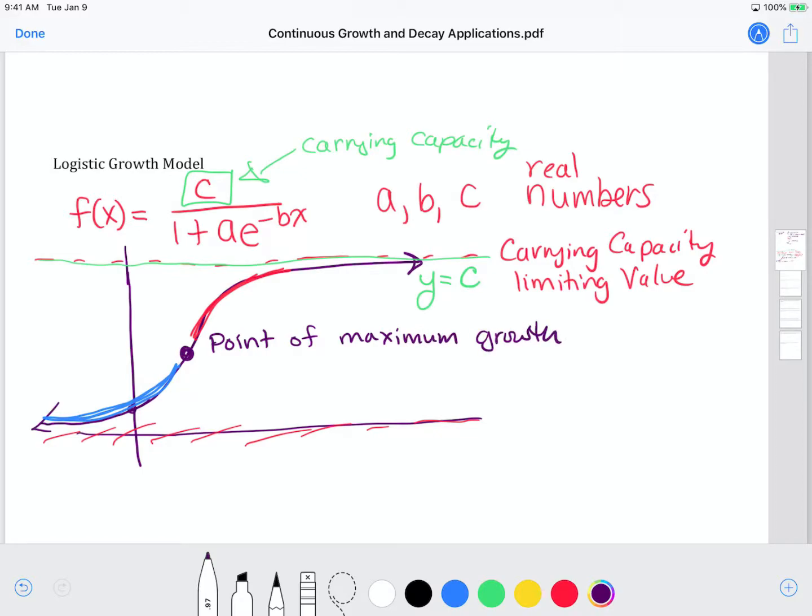And that's where it's going to be growing the fastest. In order to find that point, it's just a formula. To find the x-coordinate of that point, you take the natural log of whatever the a is in your formula over the value of b. And then the y-coordinate would be whatever your c value is divided by 2, because it's half the height of that limiting value or carrying capacity.